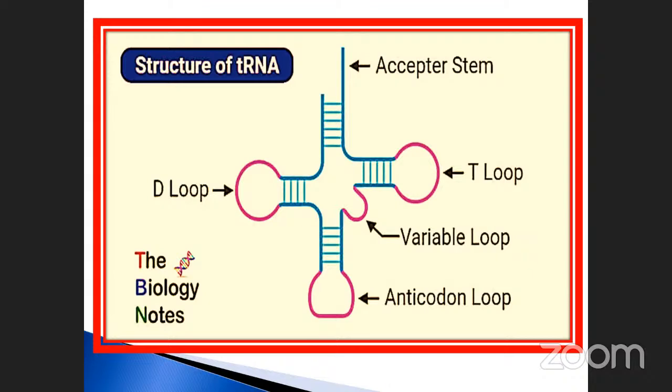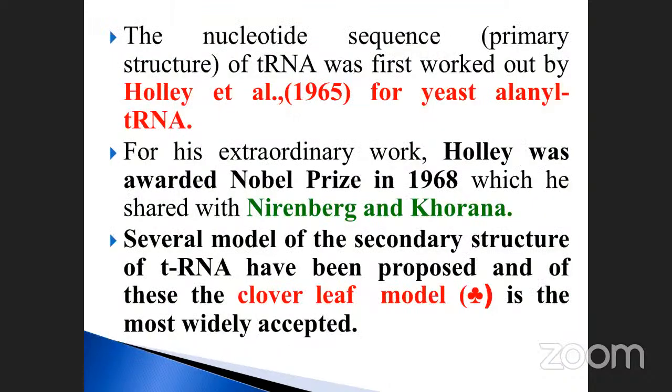The nucleotide sequence, the primary structure of the tRNA, was first worked out by Holley et al. in 1965 for yeast alanine tRNA. This was first discovered by Holley et al.